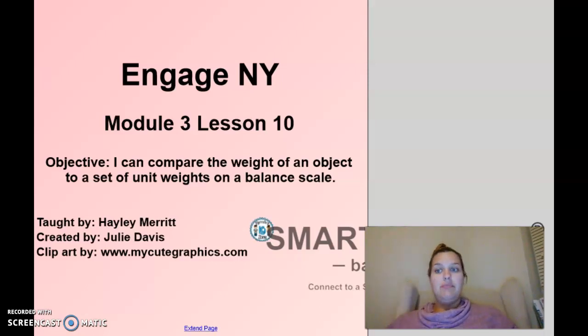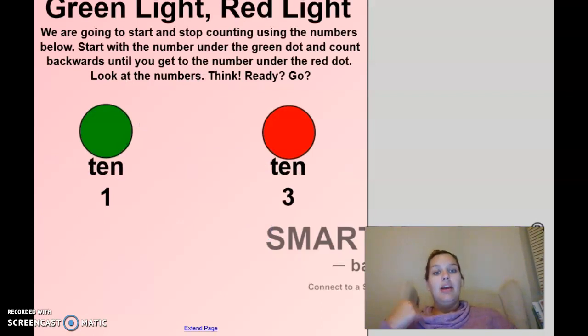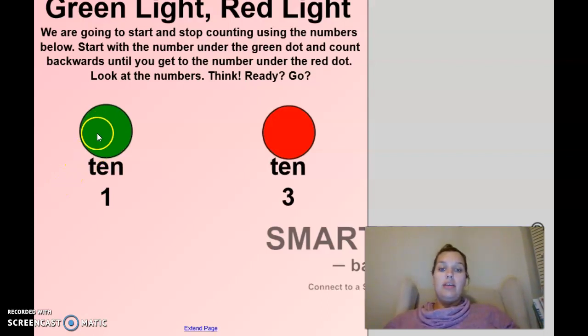To warm our brains up, we are going to play a little game of red light, green light. Or green light, red light. I'm sorry. It's the opposite of what we're used to. So green means go, and we're going to start with this number here. So it says 10, 1, and then we're going to stop over here, 10, 3.